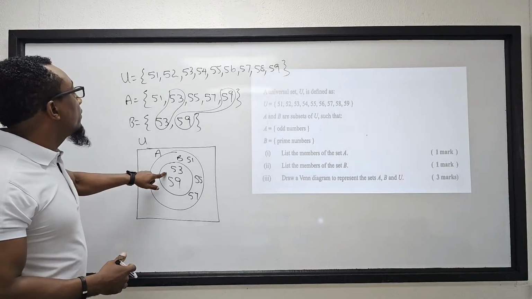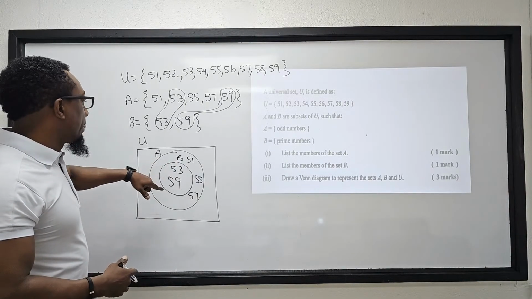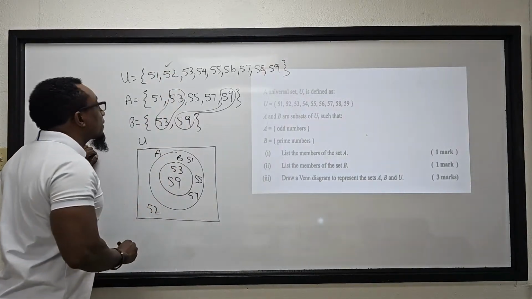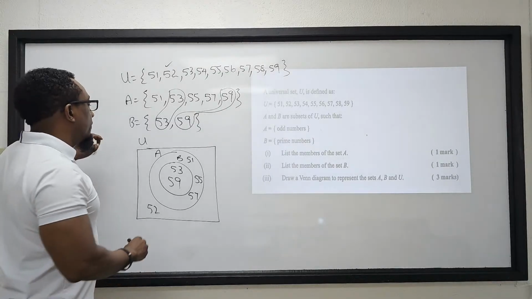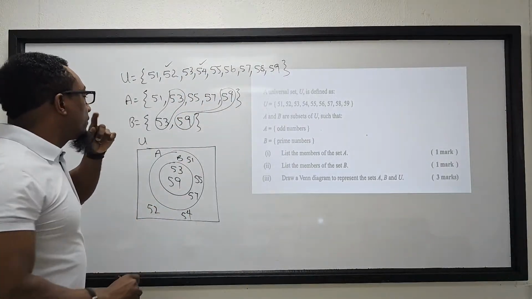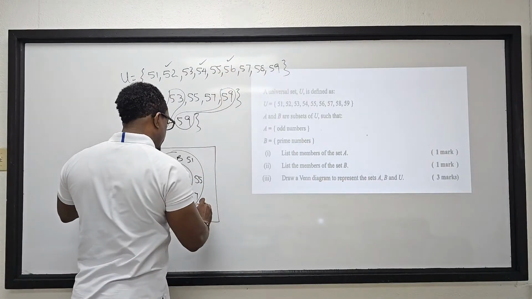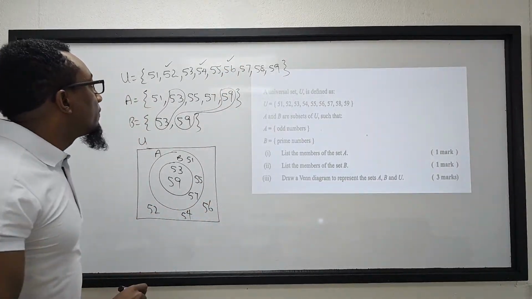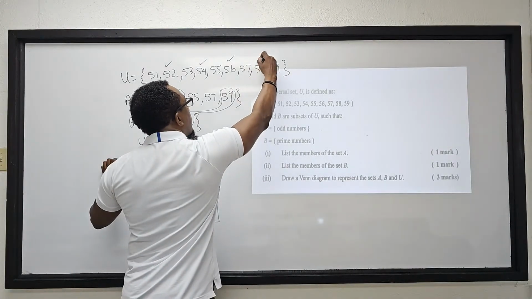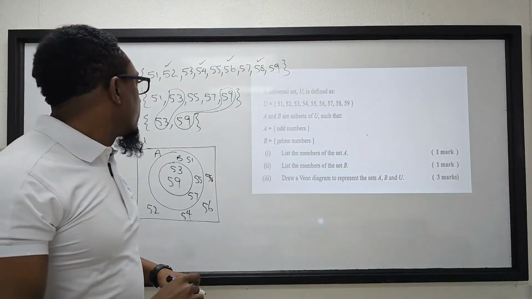So we have 51, 52 is not there, so 52 will be placed outside. 53 is there, 54 is not there, placed outside. 55 is there. 56 is not there, placed outside. 57 is there, 58 is not there, placed outside.